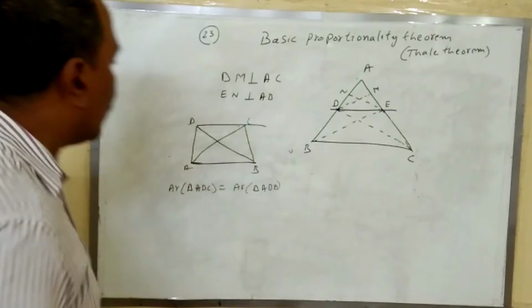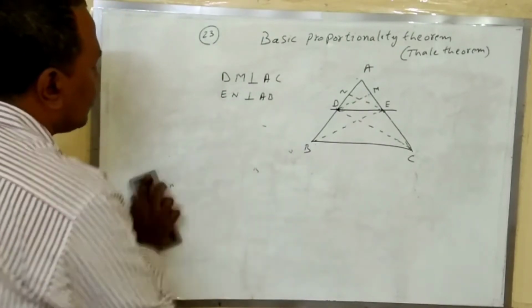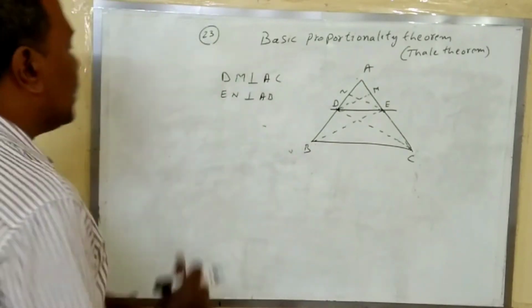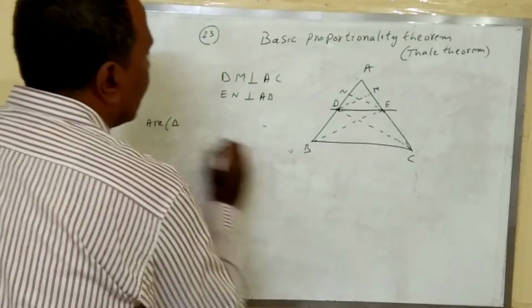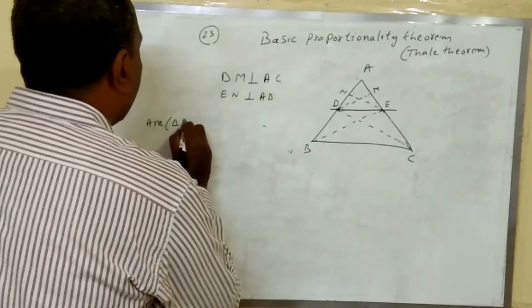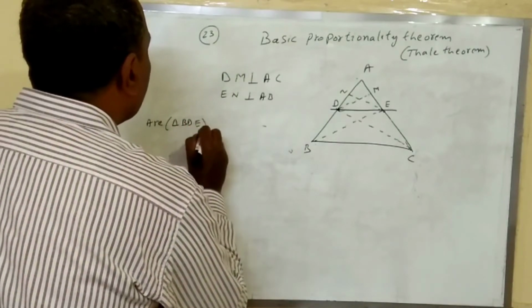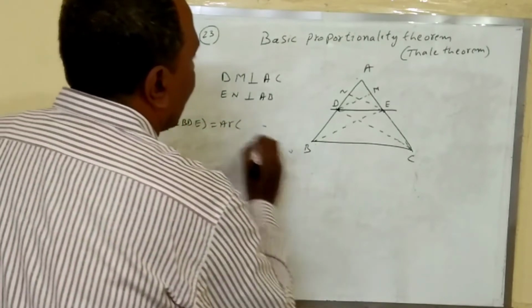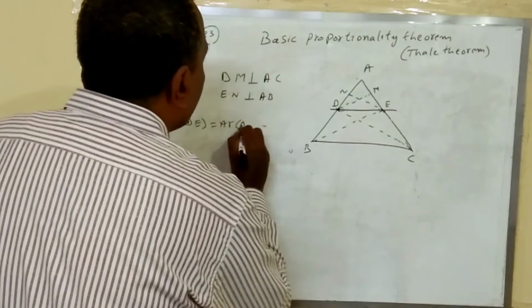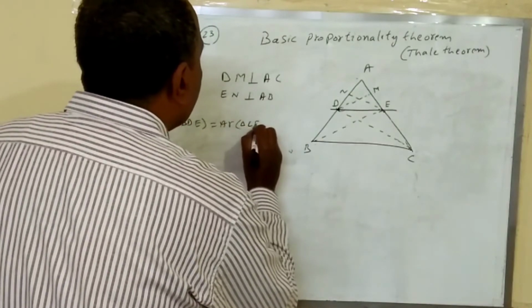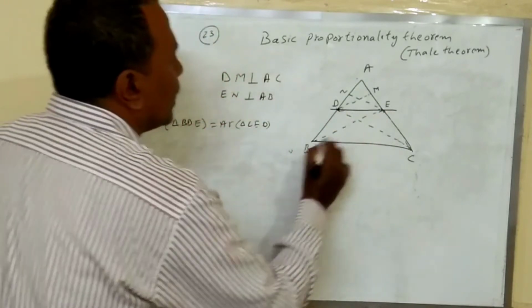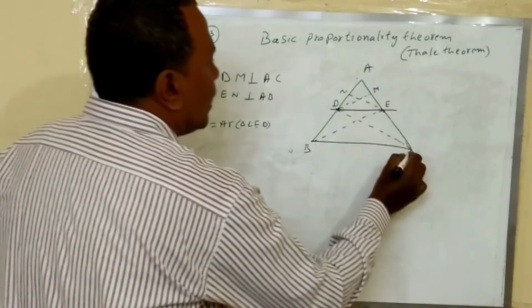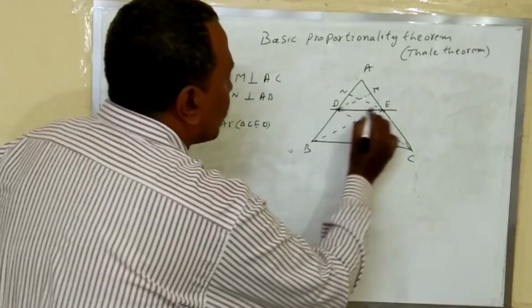So similarly here also we can say that area of triangle BED is equal to area of triangle CED, because they are on the same base.